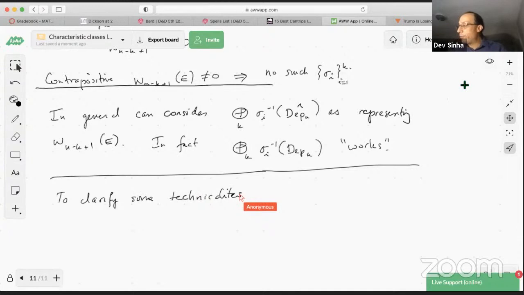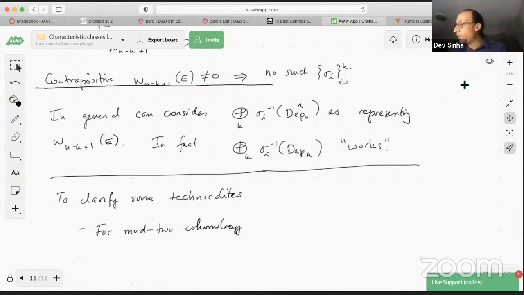So first of all, for mod 2 cohomology, what we just did, I don't know if you noticed, is we didn't talk about this dep k hat as embedded in something and then mapping.